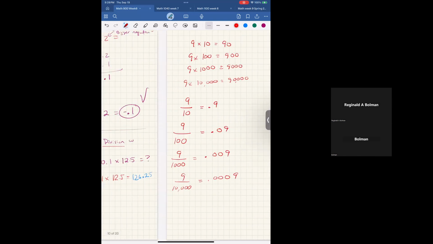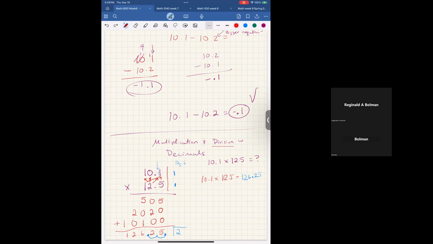And so how this works is really what you've got is you've got 10 and 1/10. And this is being multiplied with 12 and 5/10. And so the adjustment is taking care of what is going on with this 1/10 and 5/10 piece here. And so that's really why you have to make this adjustment.